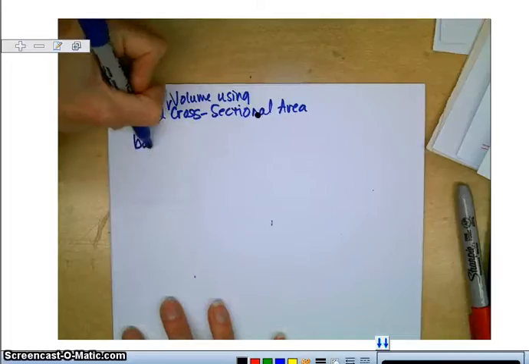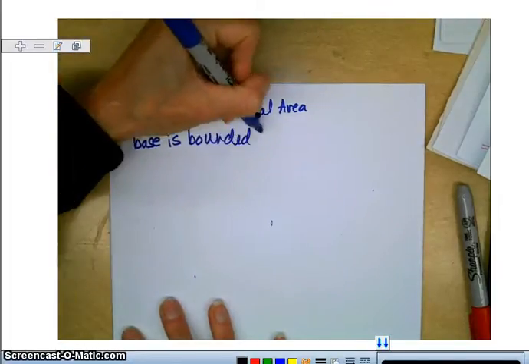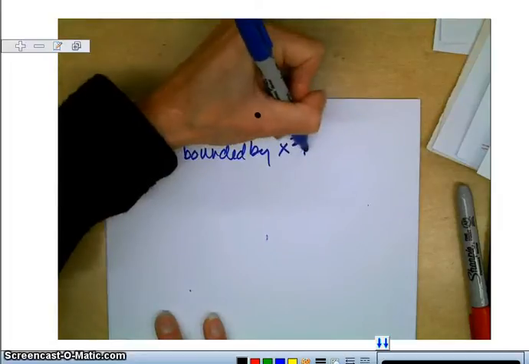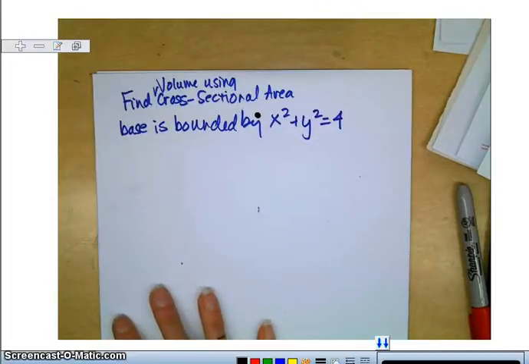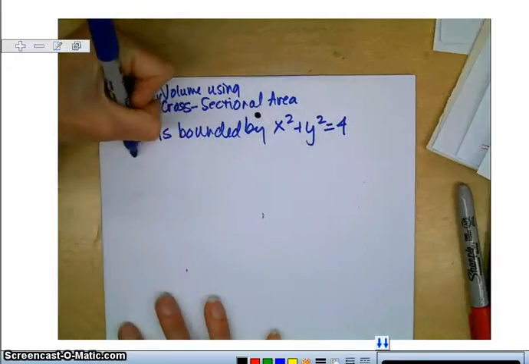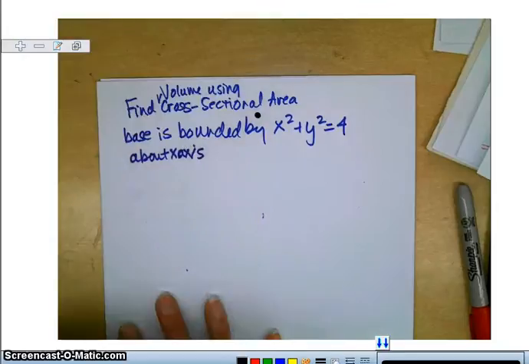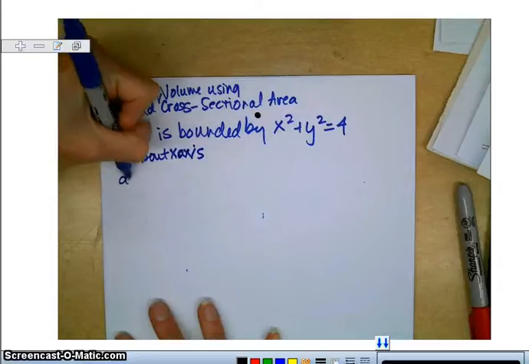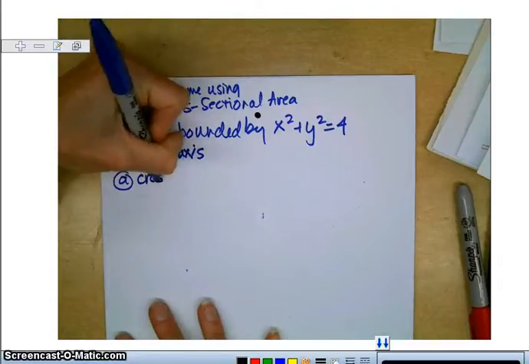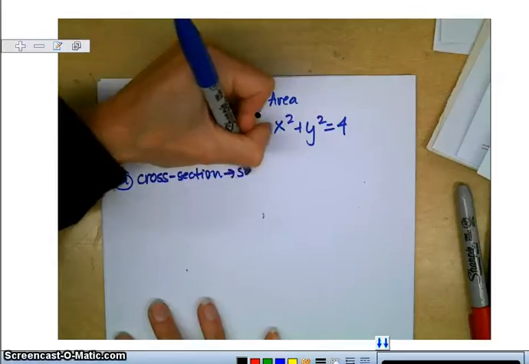Our base is bounded by x squared plus y squared equals 4. We're going about the x-axis. And for part A, our cross-section is a square.